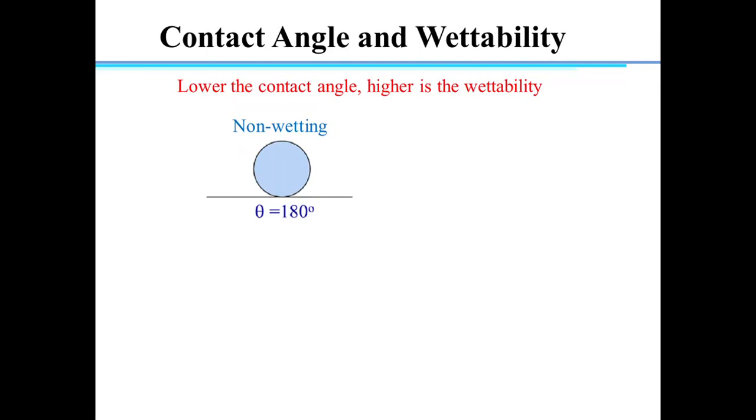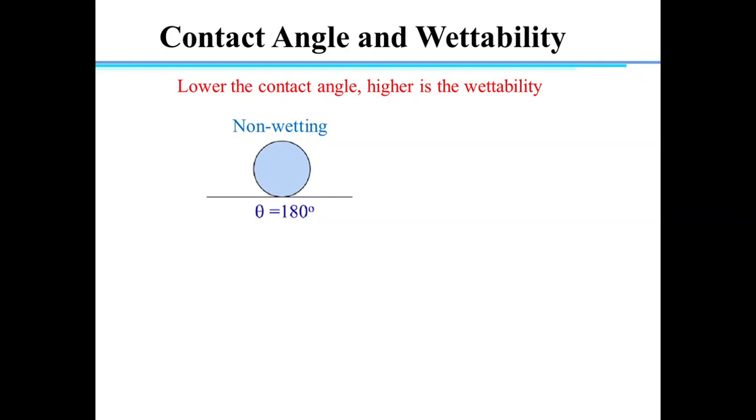We might have a drop that looks like a ball where the contact angle is 180 degrees. In this case, we have something that is completely non-wetting. Wetting is the ability of a liquid to maintain contact with a solid surface. Wettability is the inverse of the contact angle.